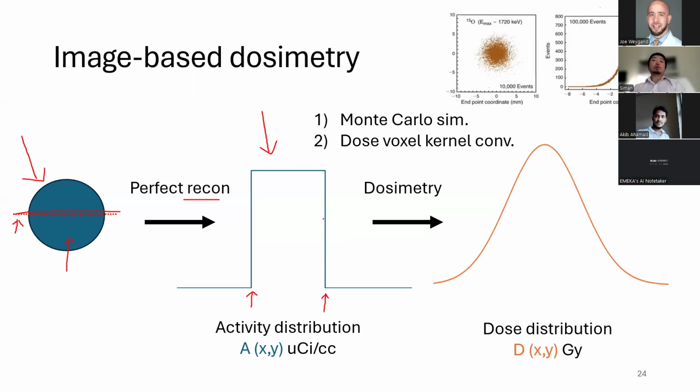Once you have the activity distribution here, you can either do Monte Carlo simulation, or you can use voxel kernels, and those are based on Monte Carlo simulations anyway.